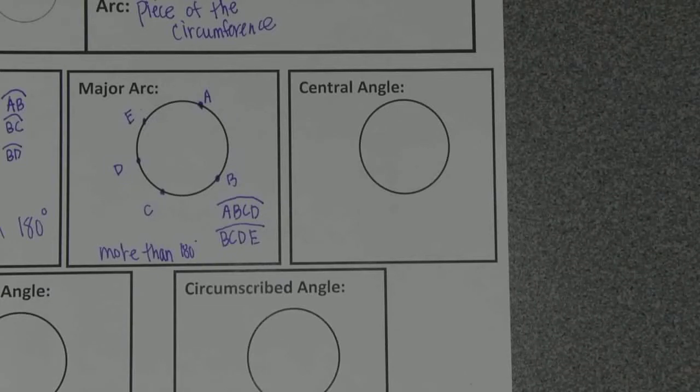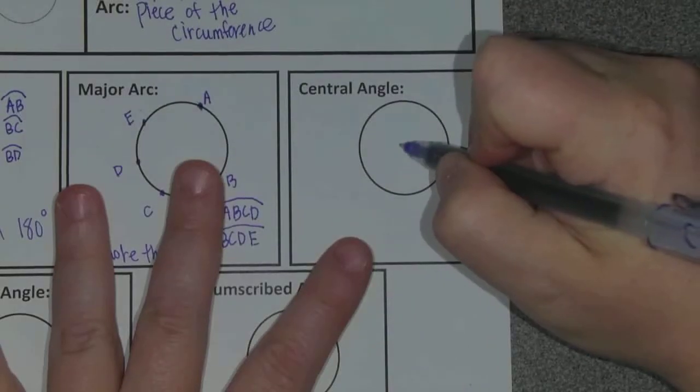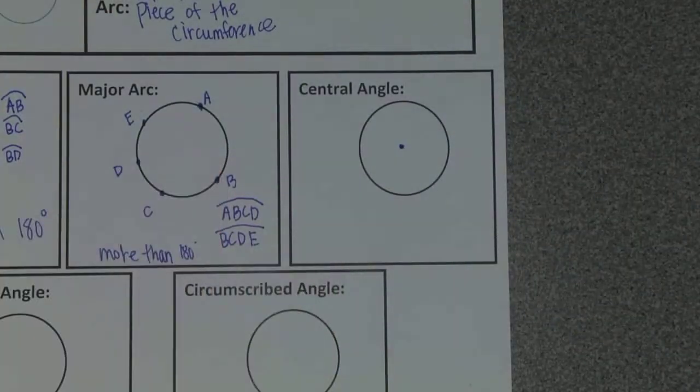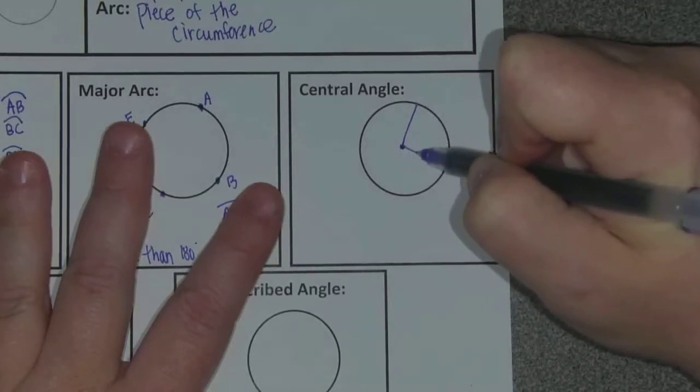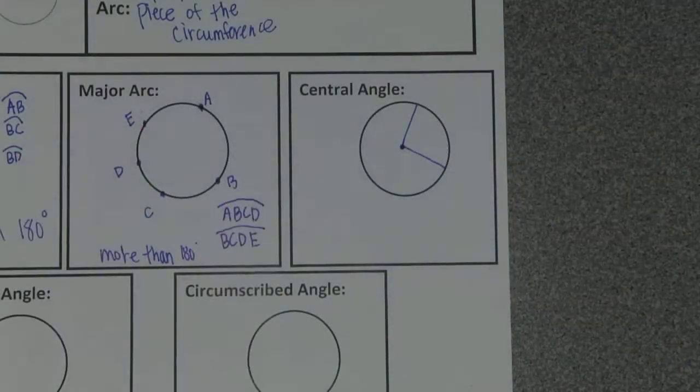What does central mean? Yeah, central means middle. So what do you think the angle has to do then? Touch the middle. So any angle that you form that touches the middle of the circle is called the central angle.